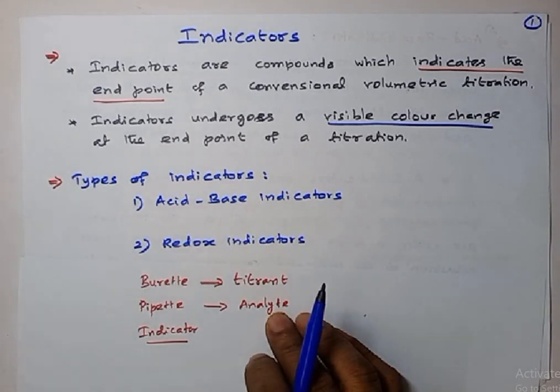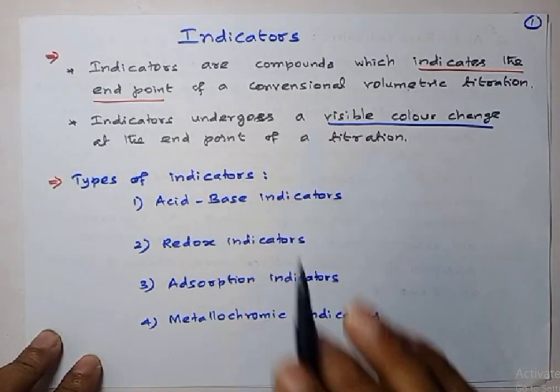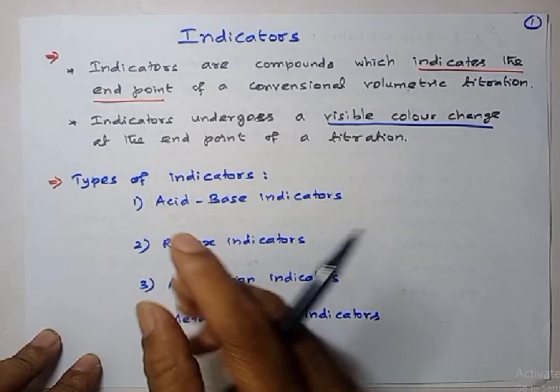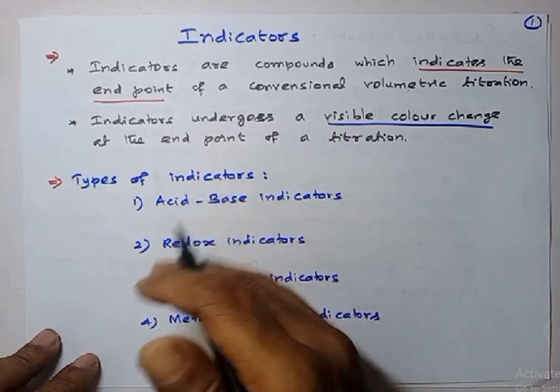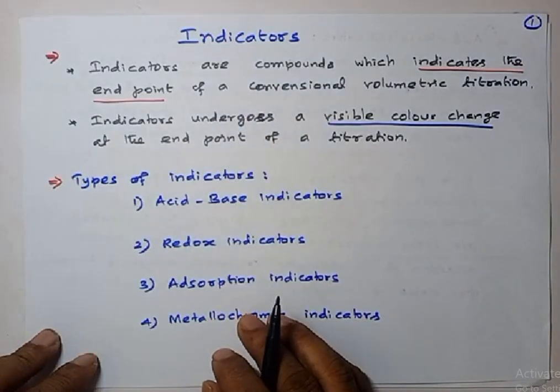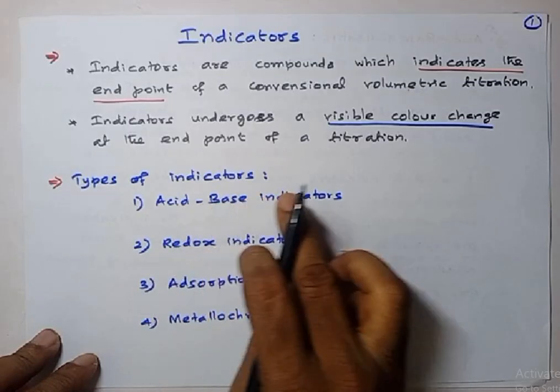Now, what are the types of indicators we have? We normally classify indicators based on the titrations that we perform. For example, if you carry out an acid-base titration, suppose you take acid as analyte, base as titrant, then add some indicator, then carry out the titration. It's called acid-base titration. The indicators used in acid-base titration are called acid-base indicators.